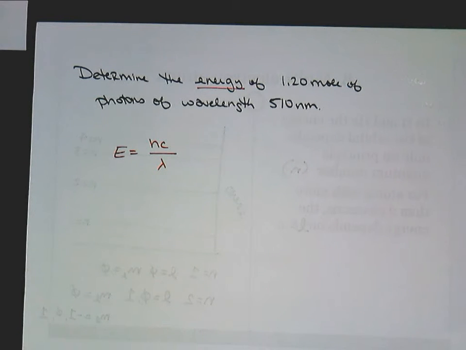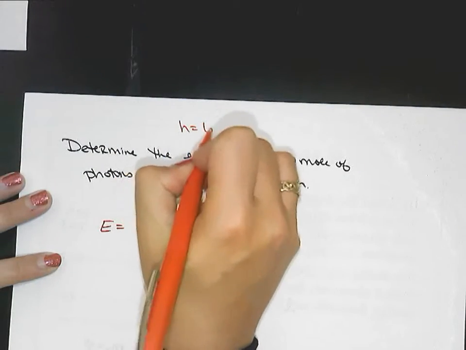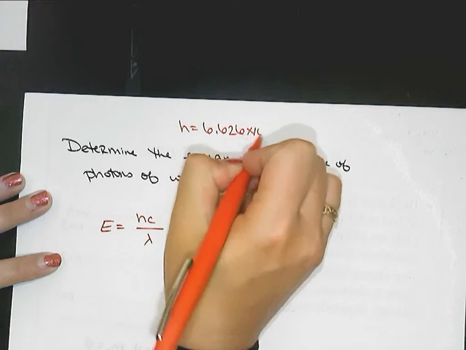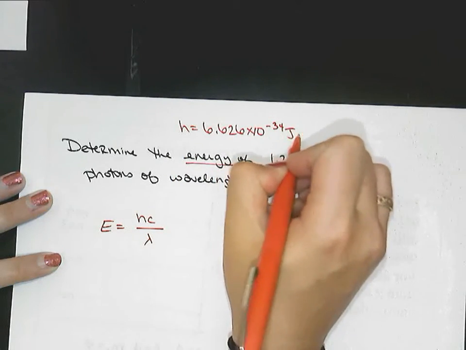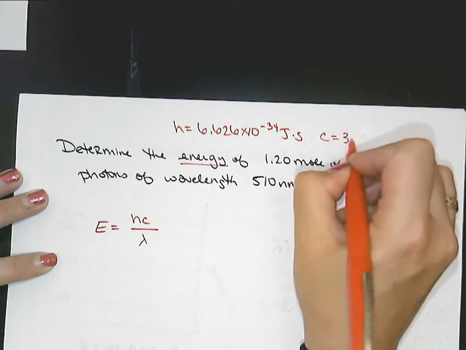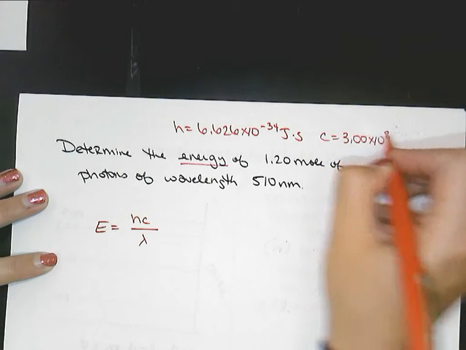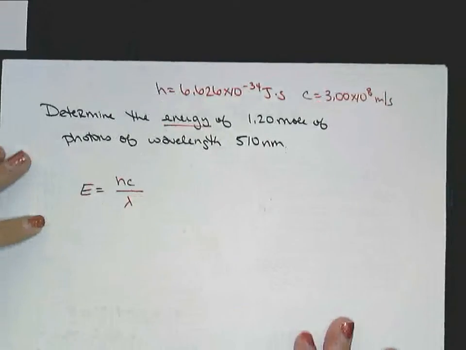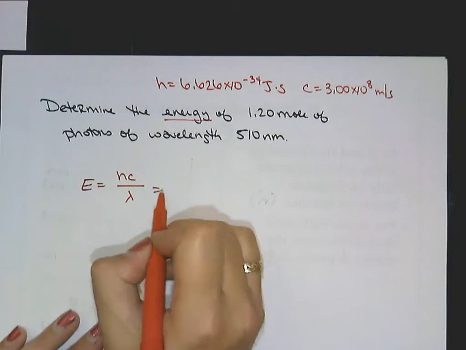On the test, I'm going to give you the constants. So, H, and c is this. Now you can do this in one of two ways.